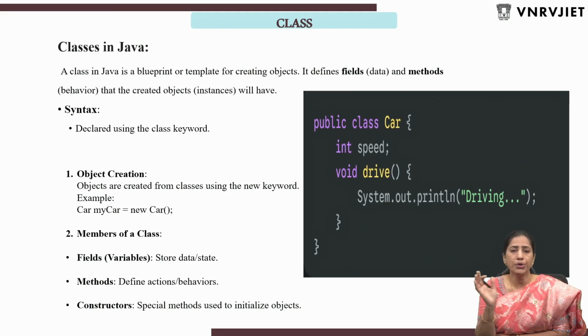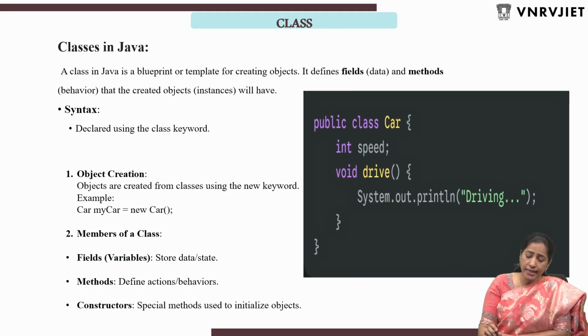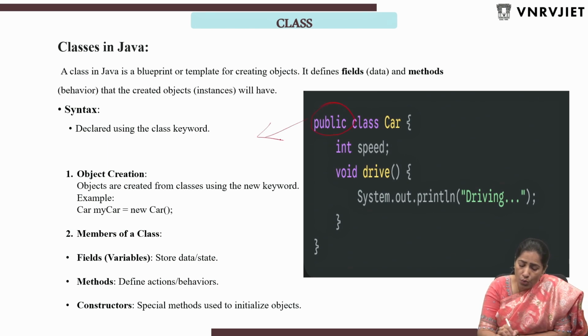In Java, how do you write a class? We write a class by specifying how you can access that class, and the keyword we have to use compulsorily to define a class. And what is this Car?